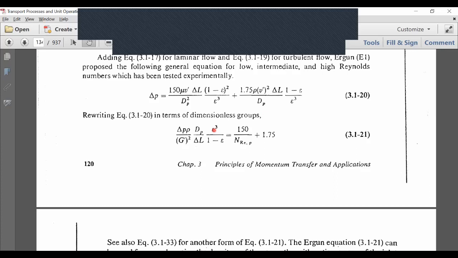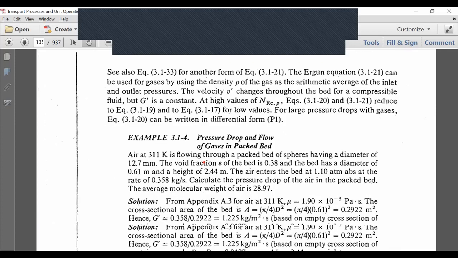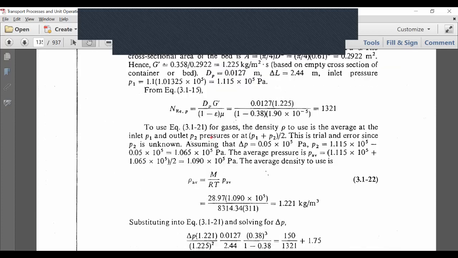However, since the pressure changes throughout the process for gas, of course, we have to know the P average in order to calculate the flow average or the density average.